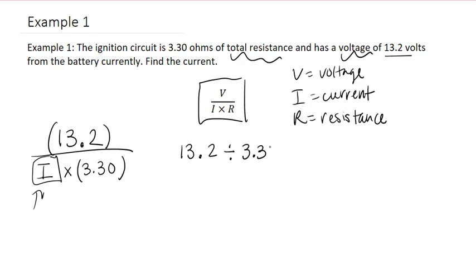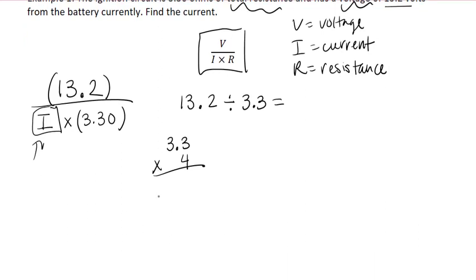Now, we could do multiplication in order to see how many times it probably goes into it, rather than going through the division steps. So we have 3.3. Let's multiply it by 4, because 3 times 4 is around 12, so let's see if this works. Here we have 3 times 4, which is 12.